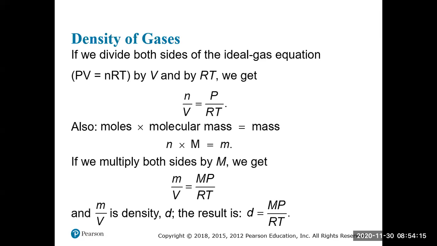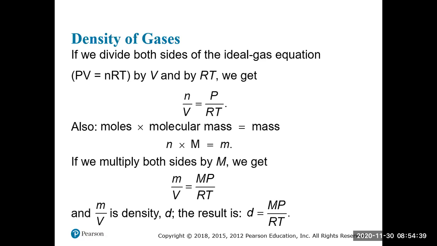Remember that moles times the molecular mass or molecular weight equals mass, because molecular mass is grams per mole. So moles times that would give us mass. We designate the moles as small n, molecular mass by capital M, and the mass by small m.